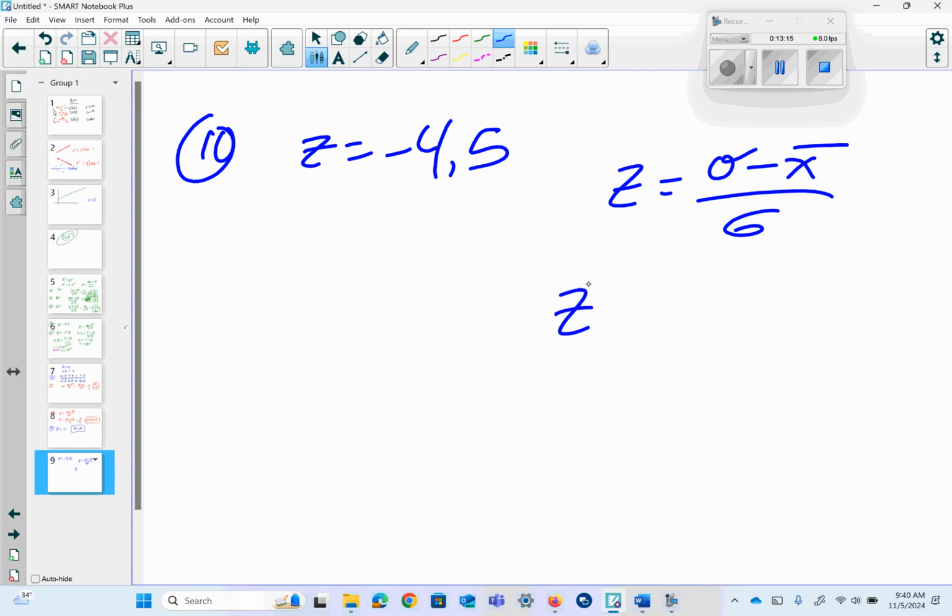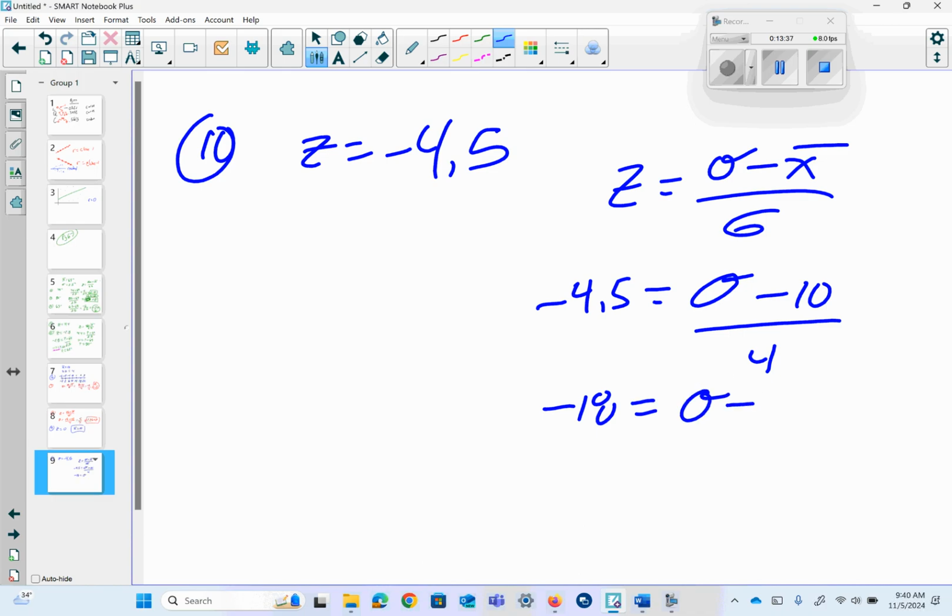So I'm going to put -4.5 in for z. Observed, minus 10, over 4. So 4 times 4.5 is 18, so -18 equals observed minus 10.